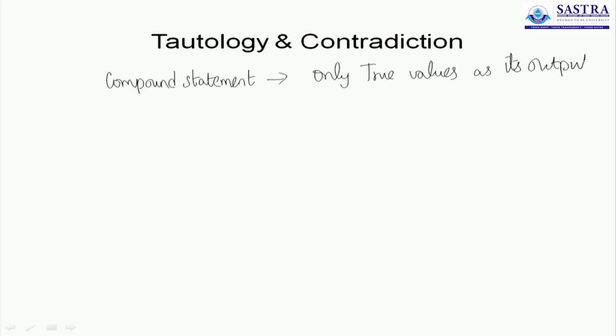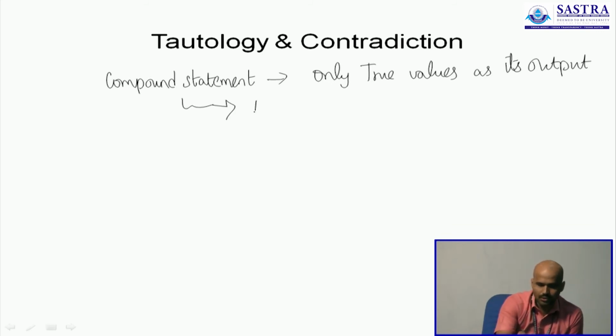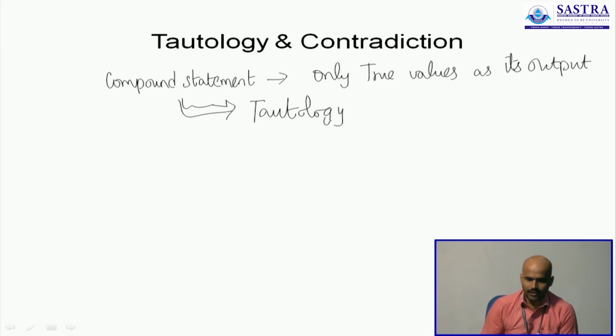So whatever be the input sequence, the output sequence is always true for a tautology. That's what you refer to as a tautology. And the contradiction is the exact opposite.